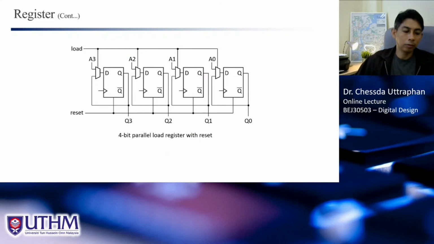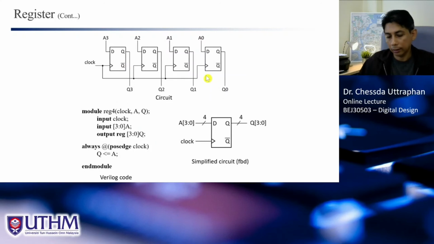Now, in this circuit, if the data is available in all the A inputs, and when the clock is active, meaning the positive clock edge, the data will be latched into the flip-flops or register.